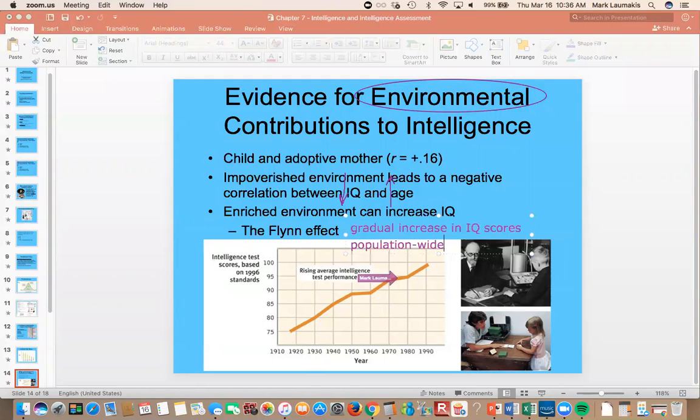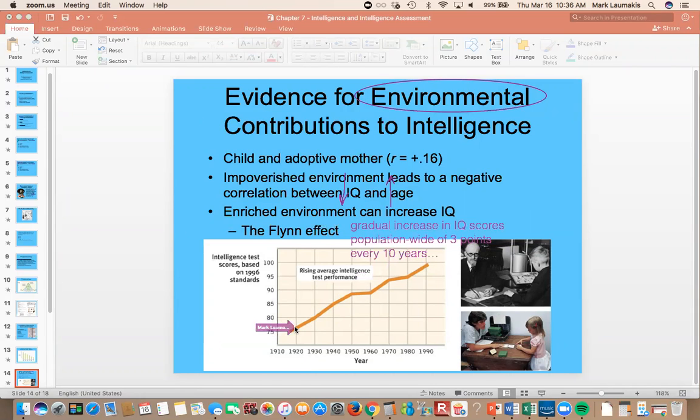That doesn't mean you have an individual level increase in scores, but population-wide of 3 points every 10 years or so. Think about this for a second. A gradual increase in IQ scores, population-wide, of about 3 points every 10 years. James Flynn is the researcher who first identified this.